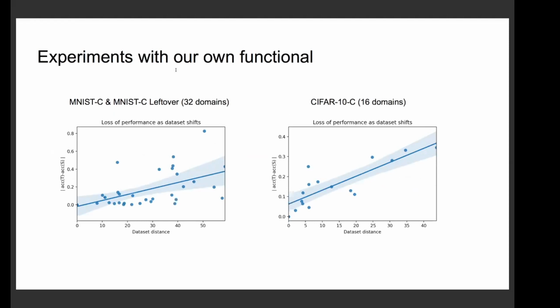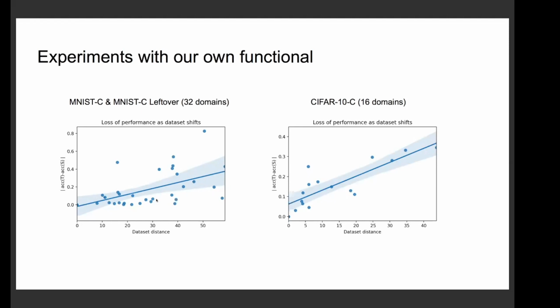As an experiment, we have tried to plot the distance between the source distribution, which is here in the lower left corner. Every dot here is a data set, a data distribution in a sense.